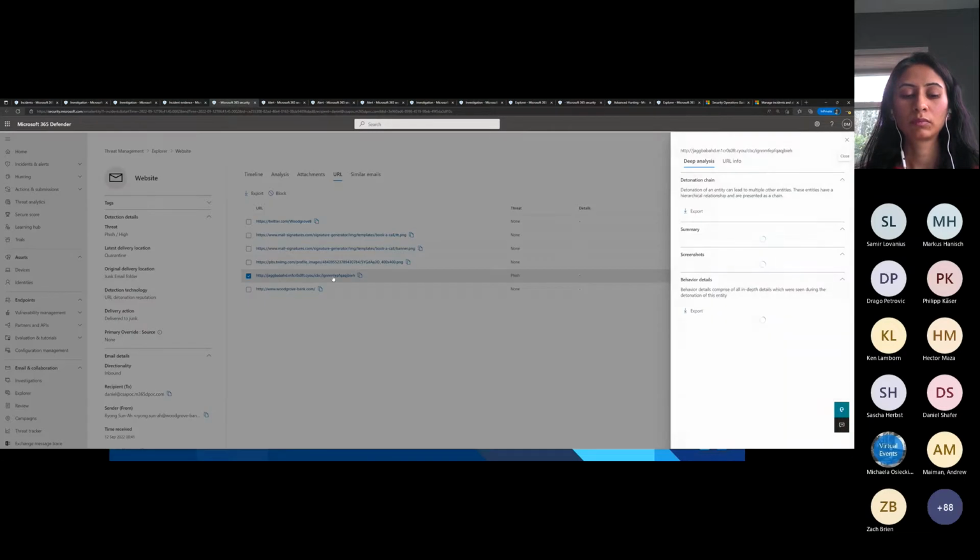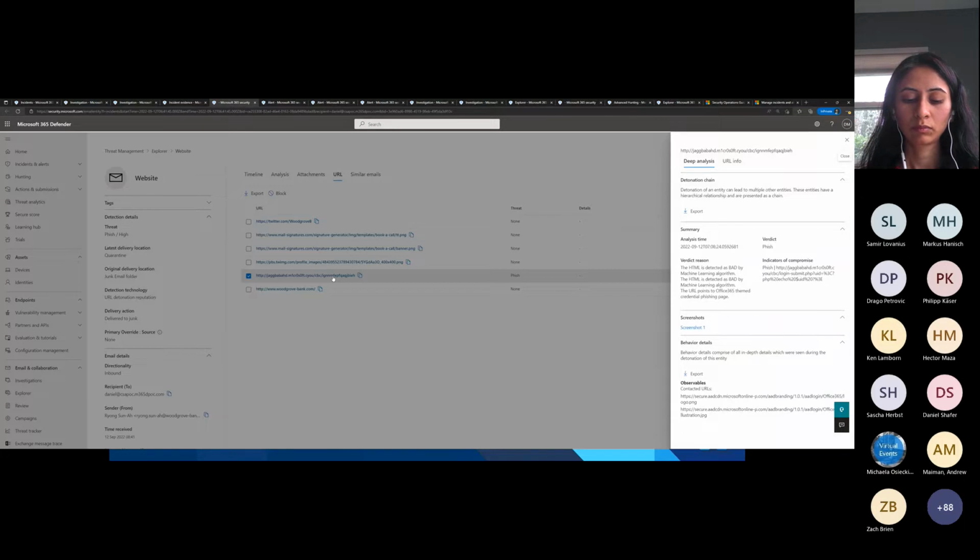If you click on the URL, and this is something important I have to say because some security team members are usually afraid: it's not browsing the URL, it's not opening the phish site. What it does, if a detonation happened in your environment, is show the details of the detonation, and you can take some of this data out for offline analysis. But you can understand why we think this URL is bad.